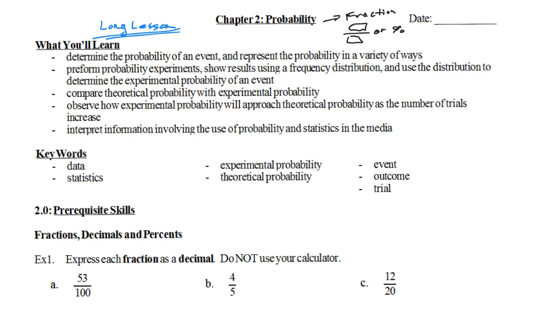So media meaning Facebook, newspapers, things like that. Key concepts that I want you to focus on are data and statistics, experimental probability, theoretical probability, and the concept of an event, an outcome, and what we call a trial. We will use that as part of the definitions testing near the end of the unit.